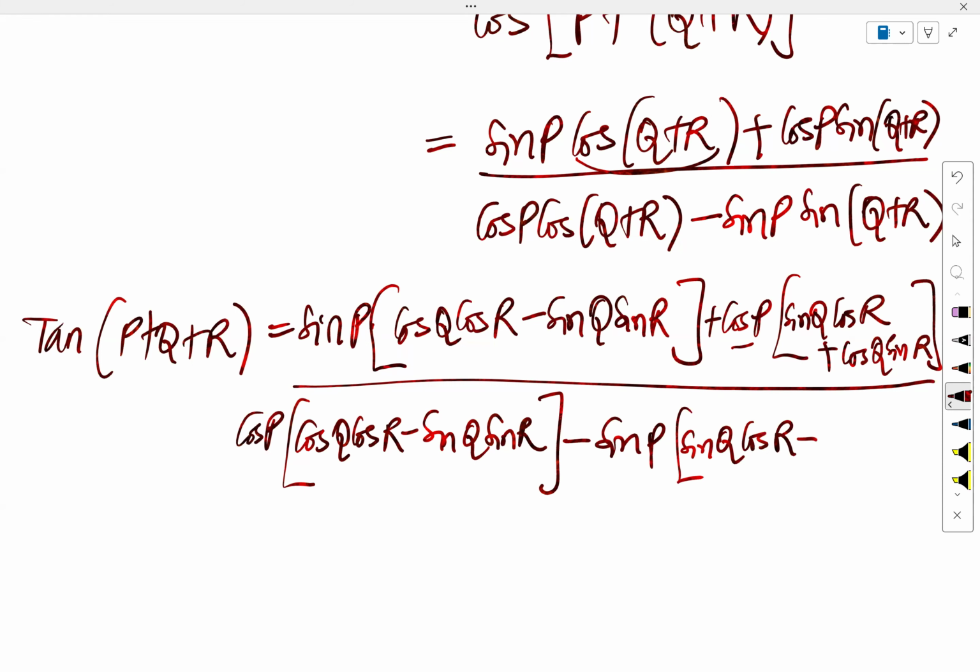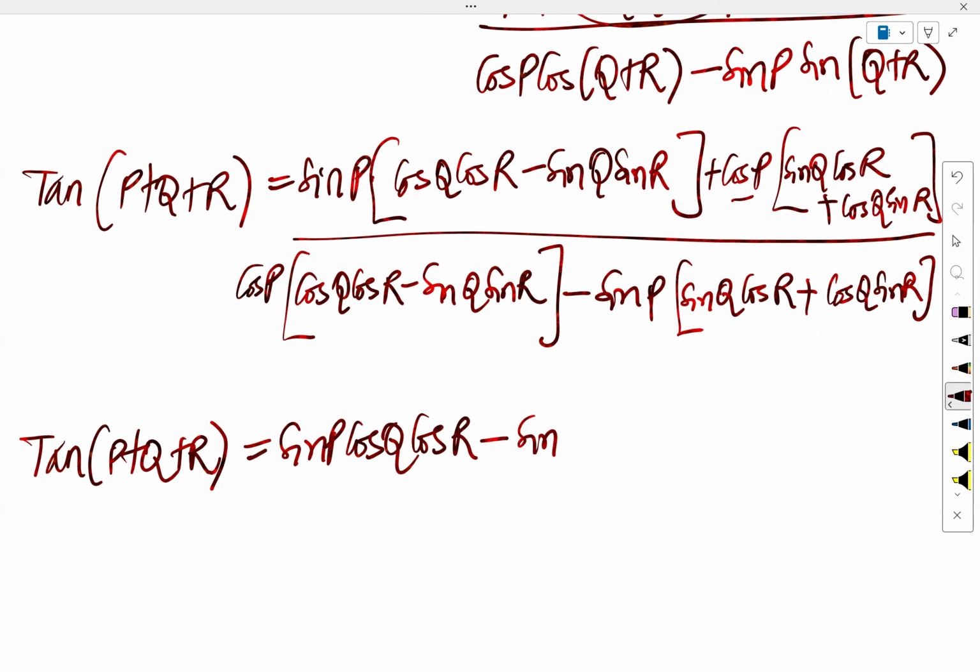With that now, we can try to tidy things up a little bit. We have tan(P+Q+R) equal to sine P cos Q cos R minus sine P sine Q sine R. That is sine P multiplying this and then this in turn.